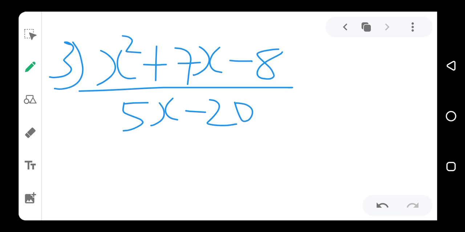Now this one is a quadratic expression, so you find the value of x for which this fraction is equal to 0 using the procedure I taught you.